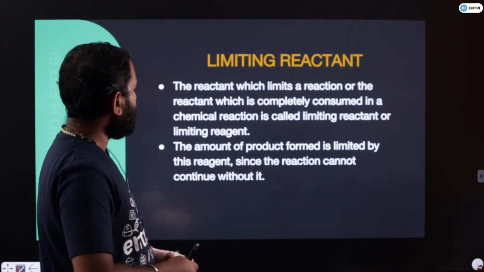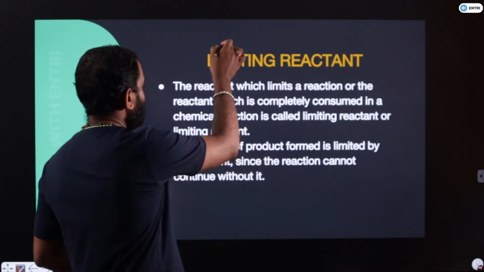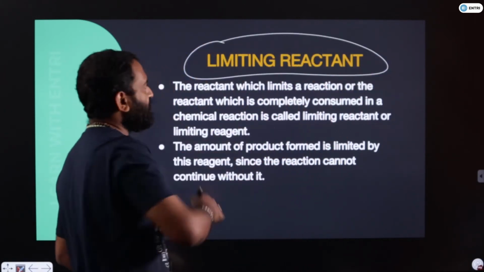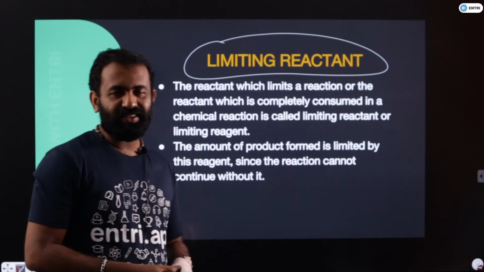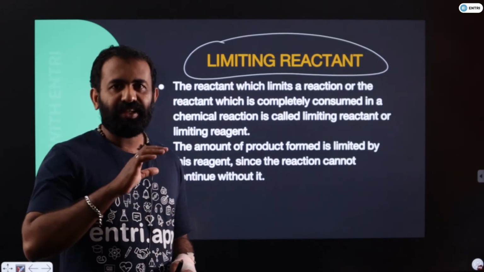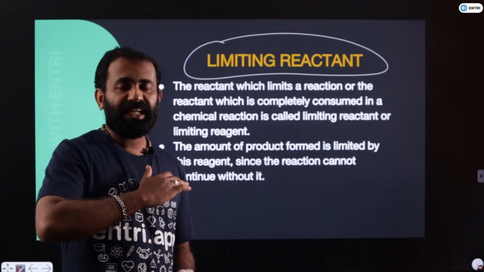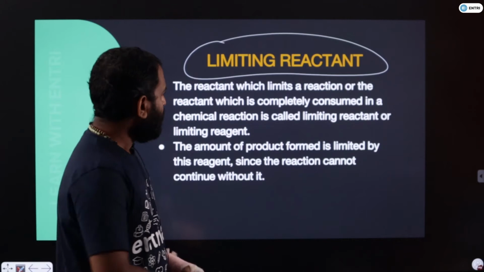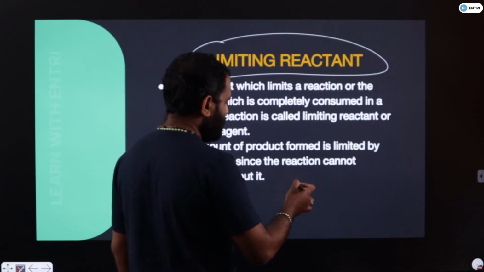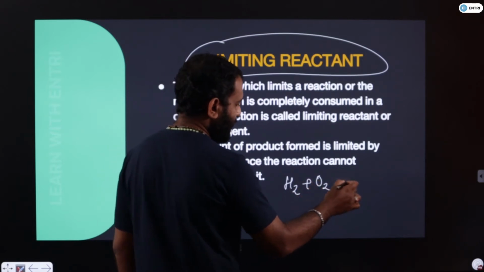Then next are limiting reactant and excess reactant. These are common terms in our process calculation. What is a limiting reactant and what is an excess reactant? The limiting reactant is the reactant which is completely consumed or completely reacted. Limiting and excess reactants are possible if there is more than one reactant.